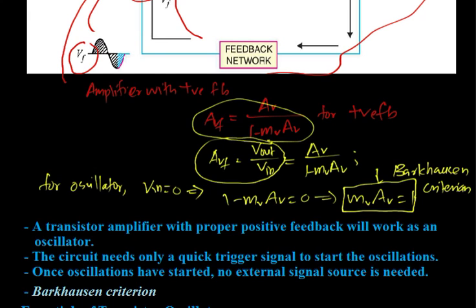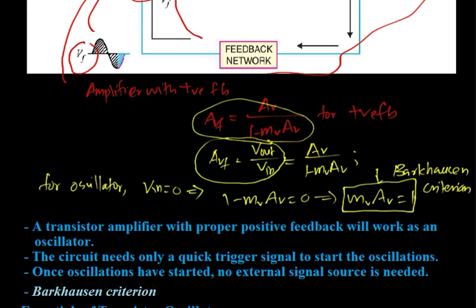So let's summarize how an amplifier with positive feedback can be used as an oscillator. A transistor amplifier with a proper positive feedback will work as an oscillator, that we have seen. And also the circuit needs only a quick trigger signal to start the oscillation. Once the oscillations are produced, it will continue indefinitely if we provide the proper feedback.